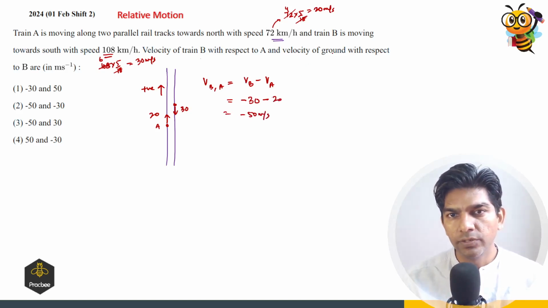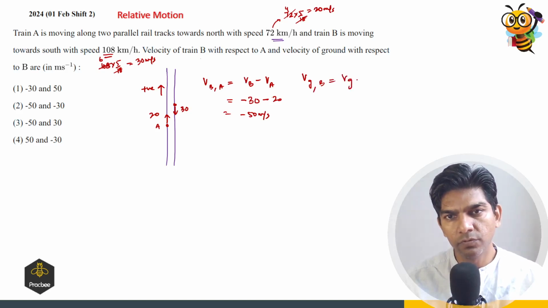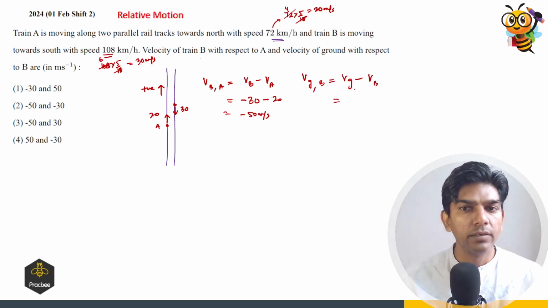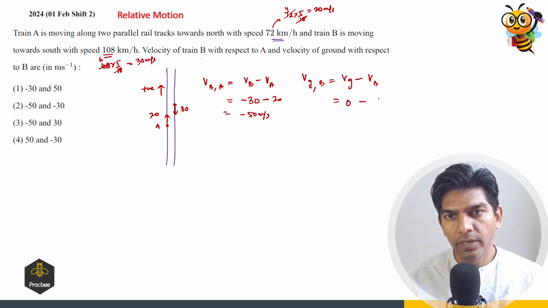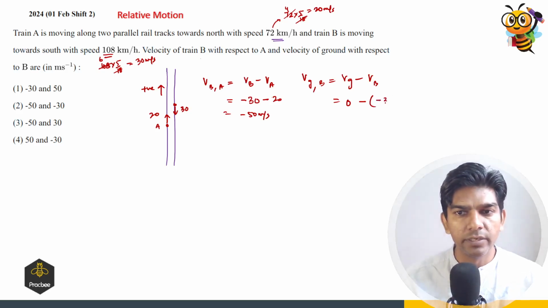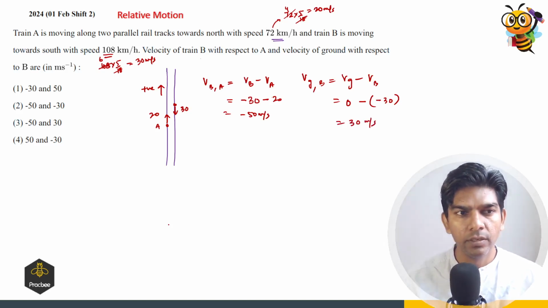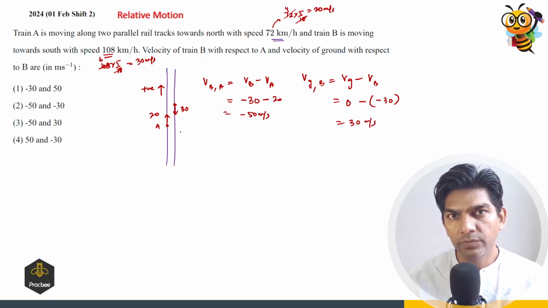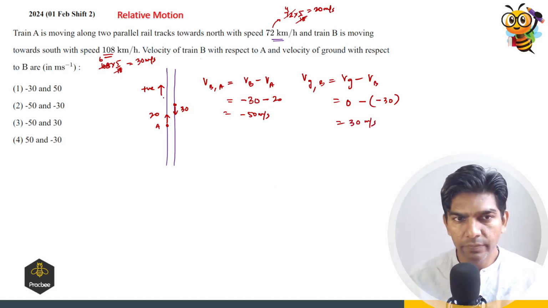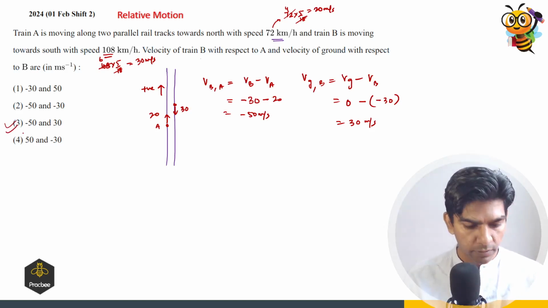And velocity of ground with respect to B will be velocity of ground minus velocity of B. Ground is at rest, so that is 0, minus velocity of B, minus of minus 30, so that will be 30 meters per second. In this question it should be given which direction to take as positive; I have taken upward as positive, and I'm getting option 3 as the right answer, right?